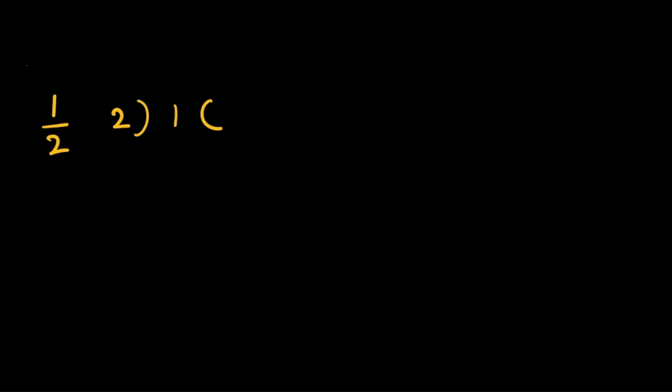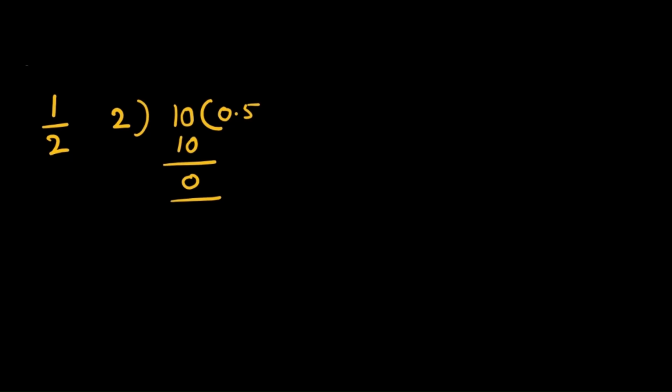So 2 doesn't go in 1, so we have to put a 0 and decimal point and make this as 10. And 2 fives are 10. And the remainder becomes 0 here. So the decimal expansion terminated.